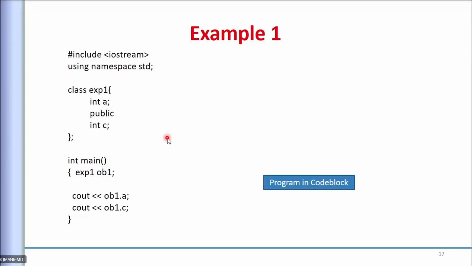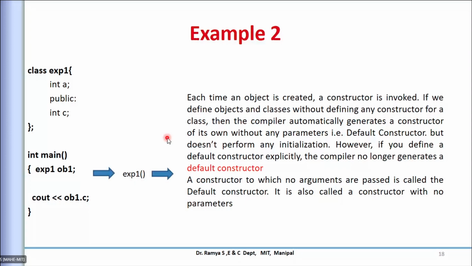Okay. So as you mentioned, there should be a colon here. And the moment you declare the object OB1, though I have not created a constructor, remember, I have not declared any constructor, by default, as you know, the compiler is going to create a default constructor that doesn't have any parameters.